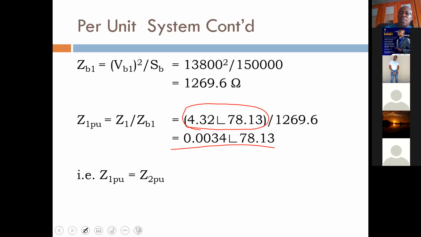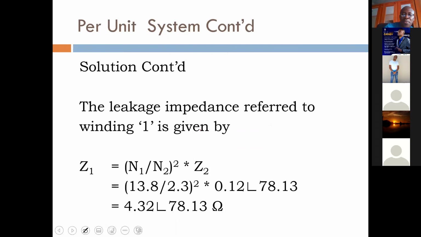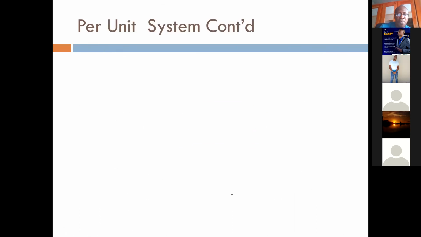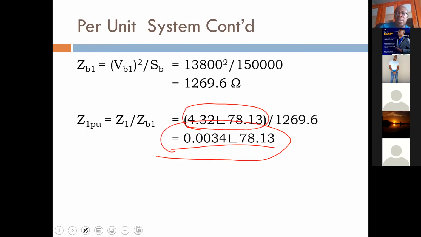You with me? The actual from the low voltage winding was 0.12. Yes? So the actual value is there, whether or not we're looking from one side or the other. However, what remains consistent is the per unit. But the actual, whether I measure it from one side or the other, that value will remain. Okay?